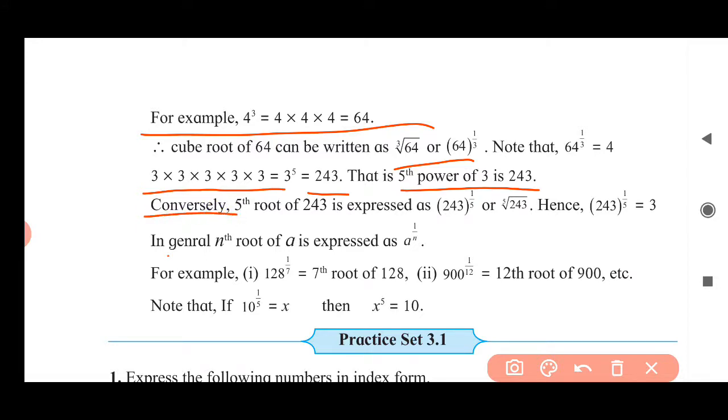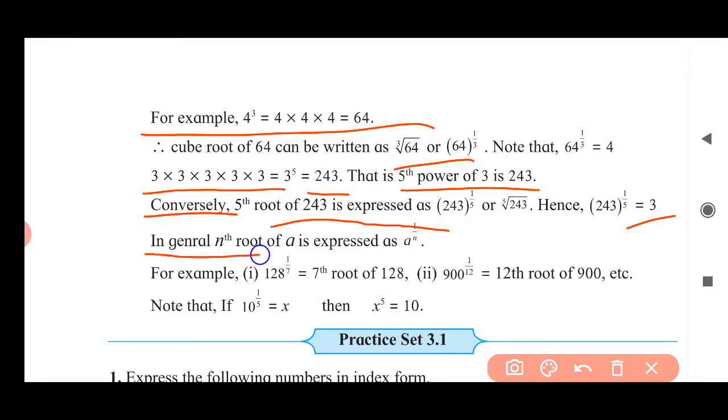Conversely, the fifth root of 243 is expressed as 243 raised to 1 upon 5, or fifth root under 243. Hence 243 raised to 1 upon 5 is equal to 3.